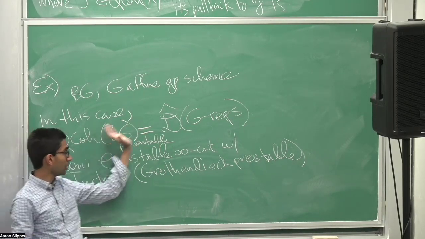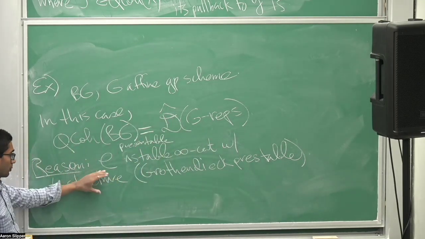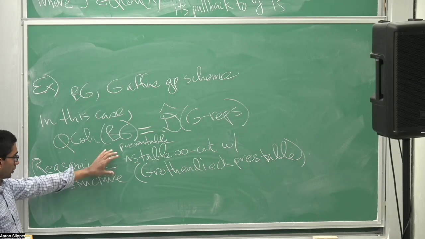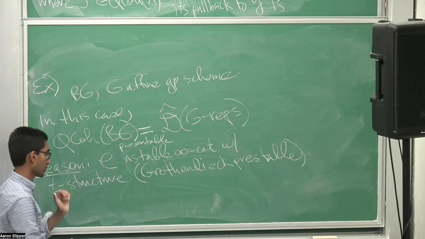Then you have the heart, which in this case is just classical G representations, and there's a characterization of when it's actually the derived category of its heart, maybe up to left completion.